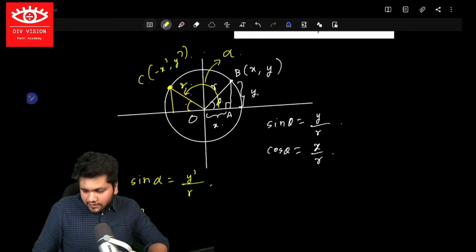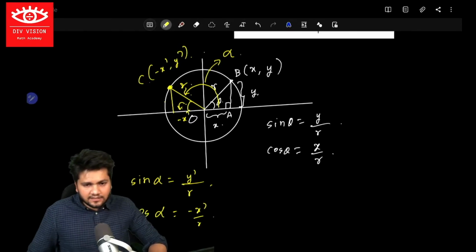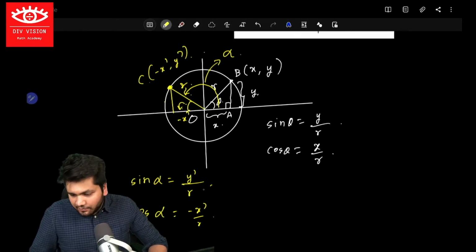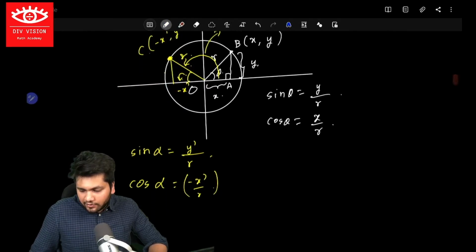And if you talk about cos alpha, it's going to be adjacent. That's why this adjacent side, which is nothing but minus x dash, upon r. Now that's why, as you can see, the sine will be positive, but the cos will be negative. And this we will use for our problems.